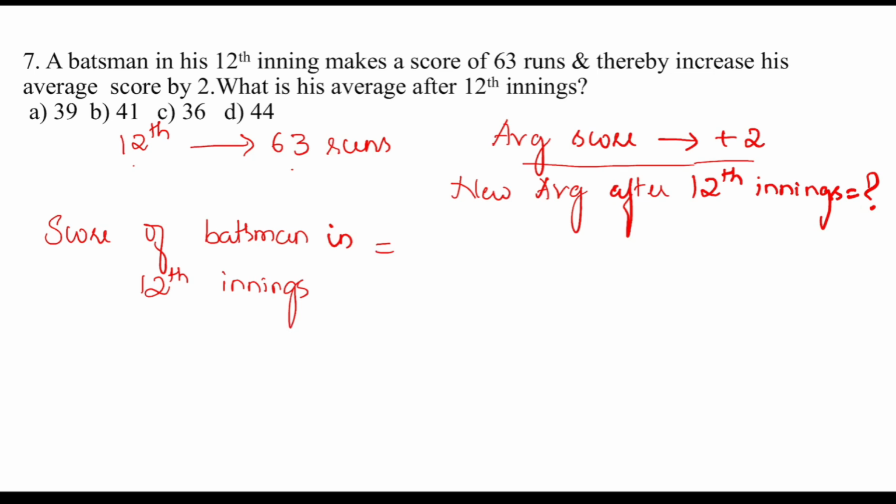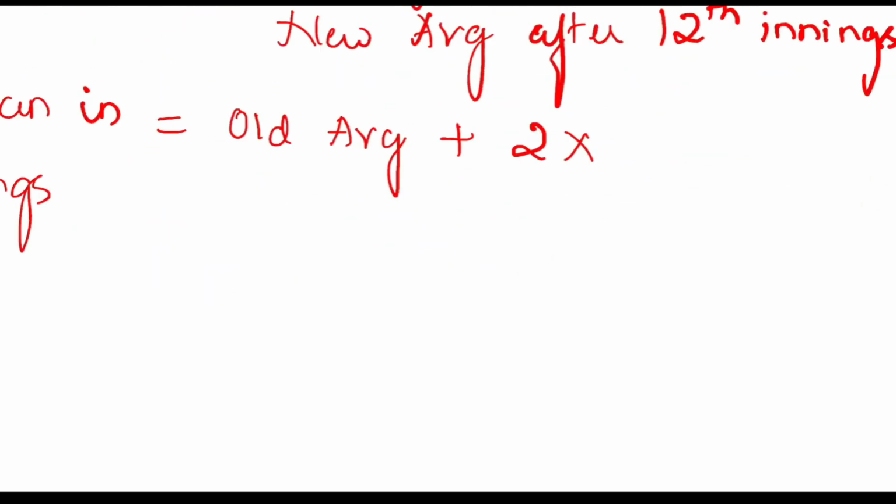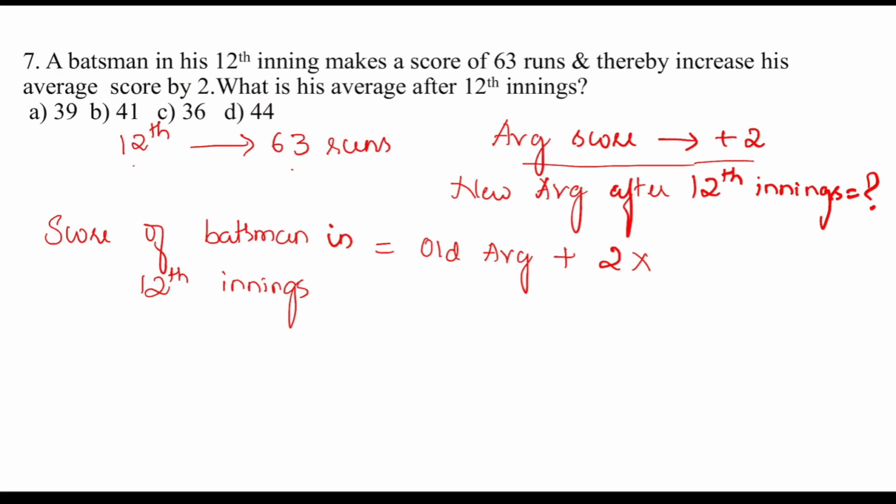greater than the old average, but we don't know what the old average is. So let it be old average plus, it is increasing by 2, so 2 into the number of innings, which is 12. The score made by the batsman in the 12th innings is given as 63.